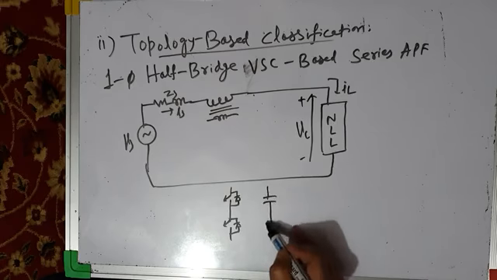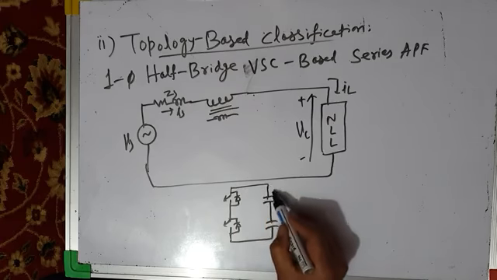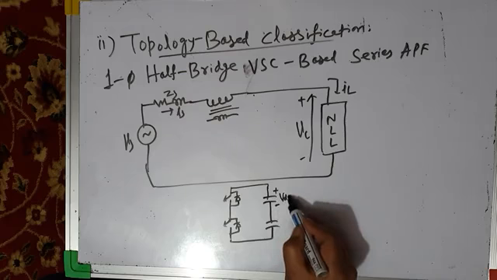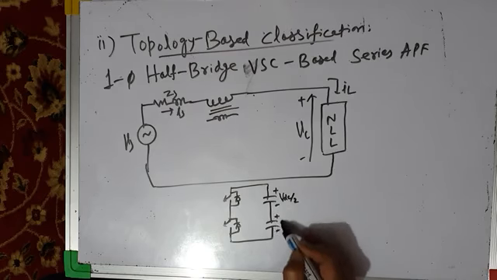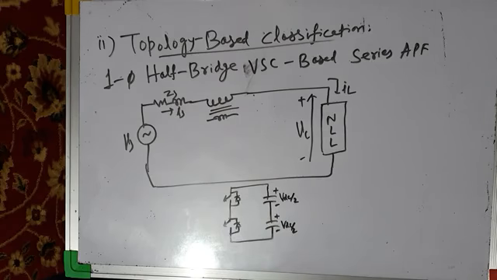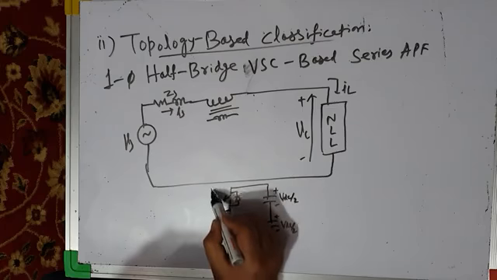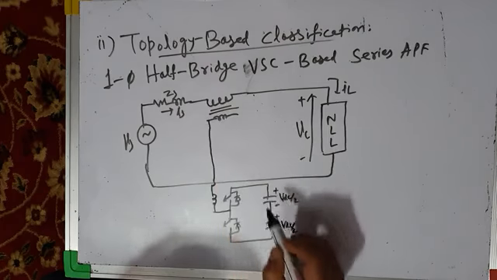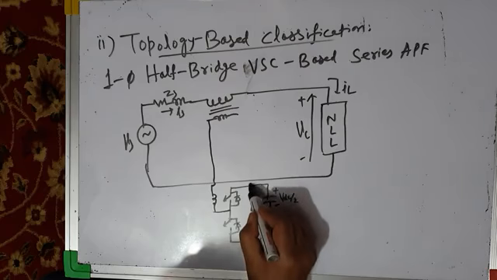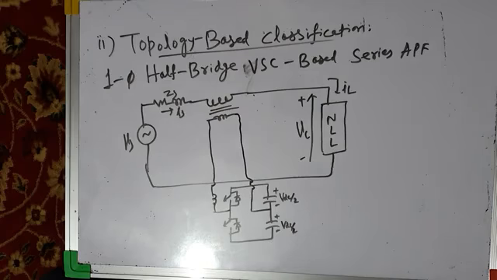The half bridge voltage source converter has, in the other leg, two capacitors connected in series. The voltage across each capacitor is VDC by 2, so the total DC bus voltage is VDC. This is the output of the converter, the voltage injected by it.